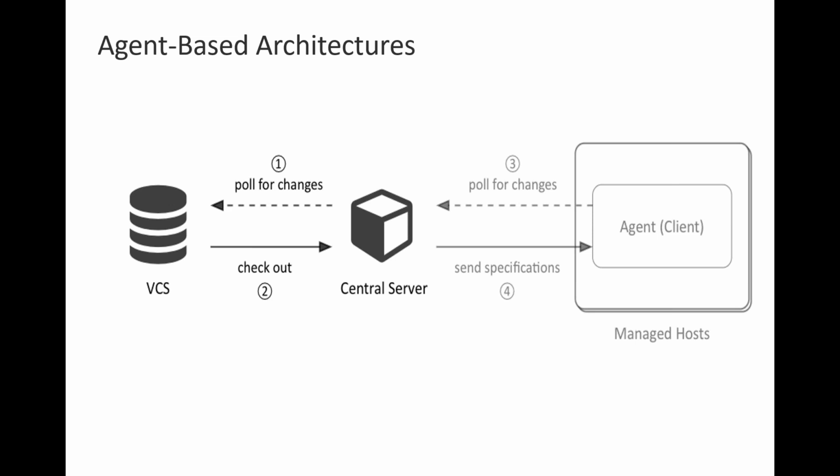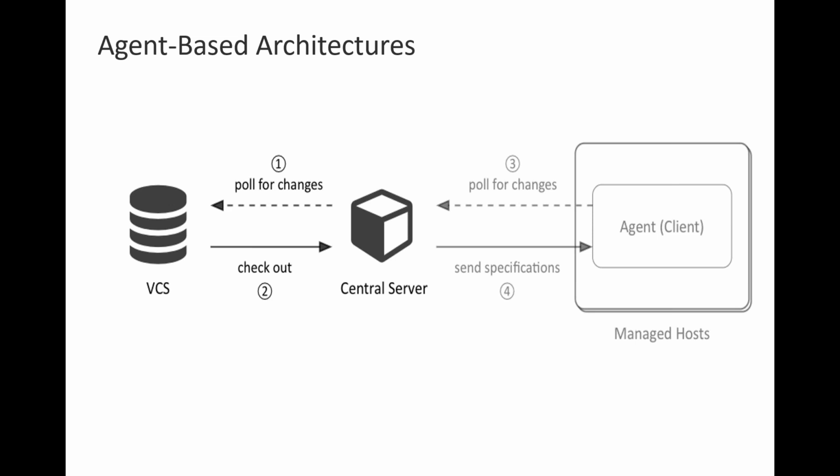Suppose in the agent-based architecture, any automation scripts you implement, we upload to the version controlling tool and the central server. Suppose I have 20 systems to which I need to apply a change. The change file is managed in one central system, and from that central system we distribute these files to all the 20 systems, or the 100 or 1000 systems in the infrastructure.